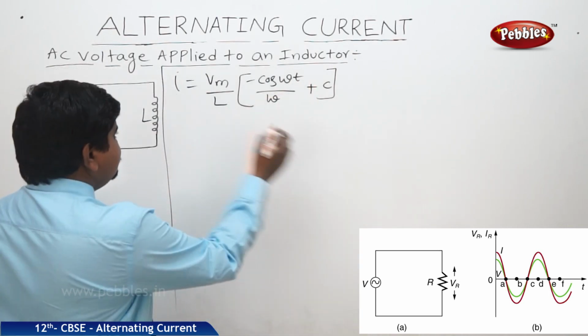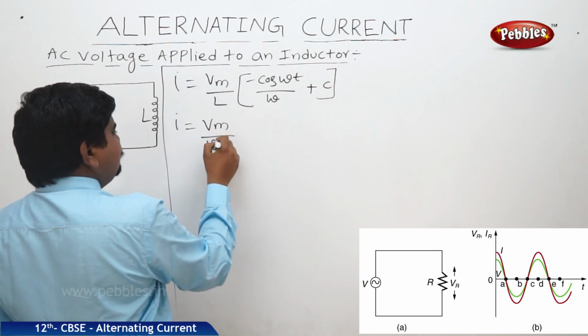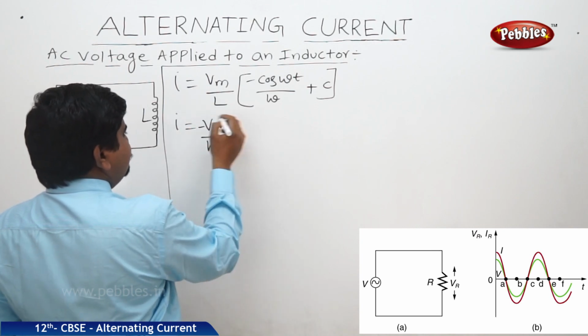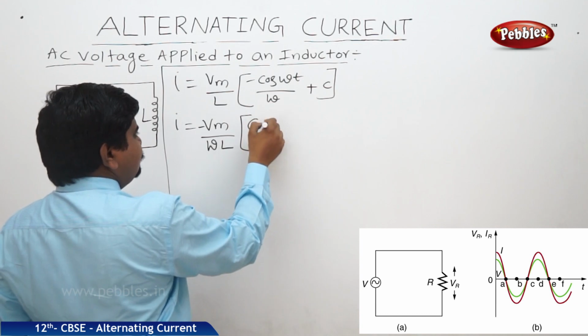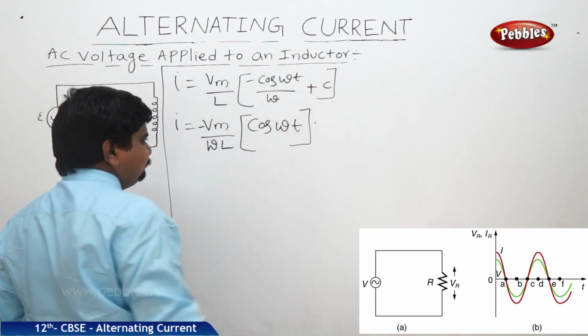Therefore, I is equal to minus Vm by omega L into cos omega t.